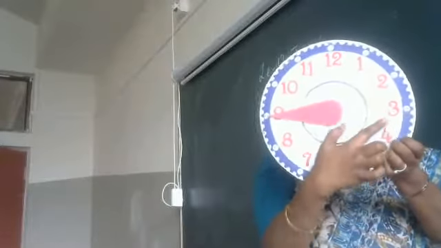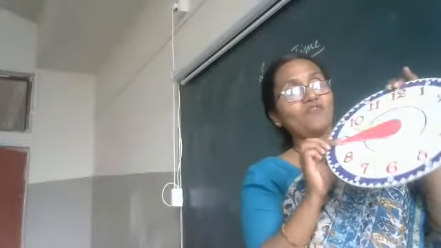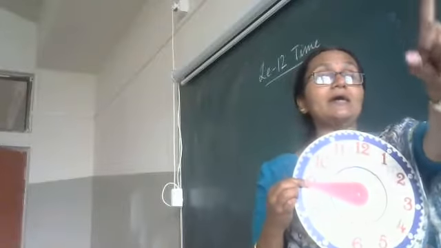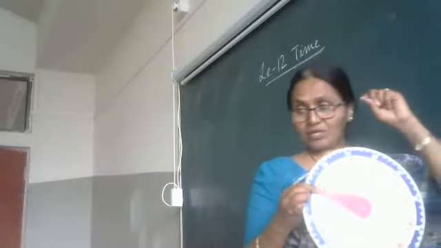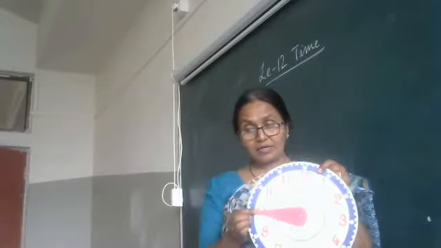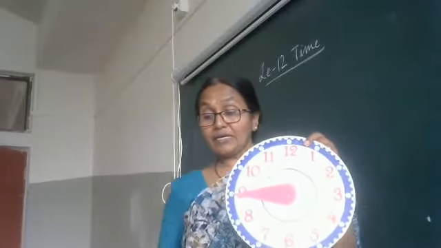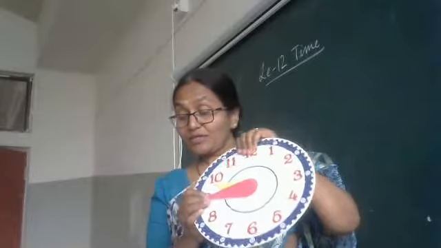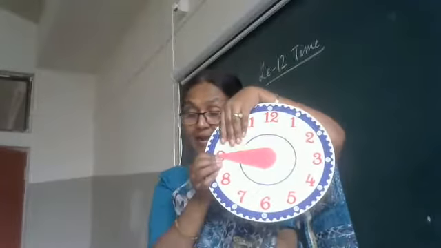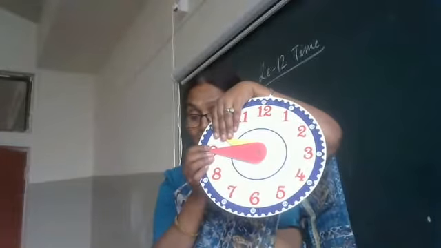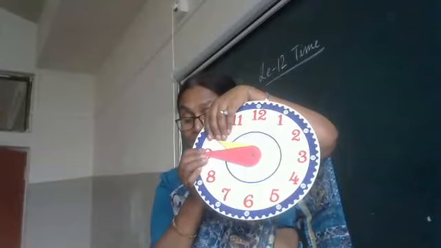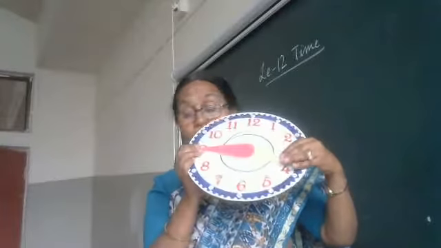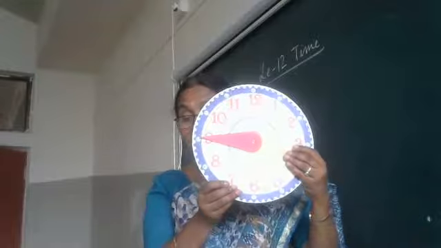35, 40, okay, so 45. This is now quarter to the next hour. In the clock, see, the minute hand is pointing at 9 and the hour hand is pointing between 3 and 4.